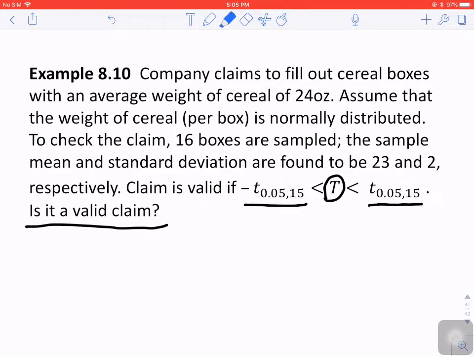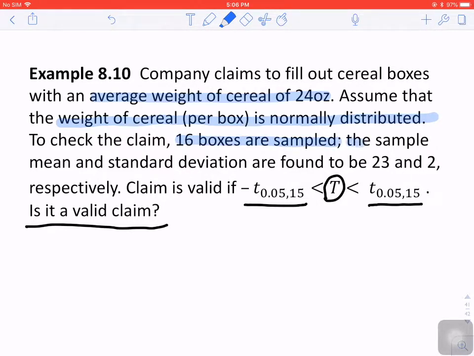First of all, let's check what kind of conditions or information we have. The average weight is 24. We also assume that the weight of cereal per box is normally distributed. We draw a sample, and the sample size is 16.